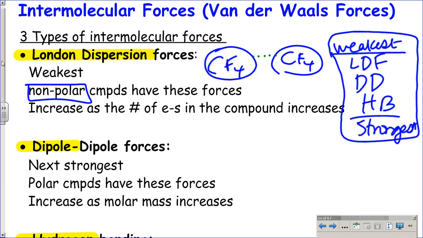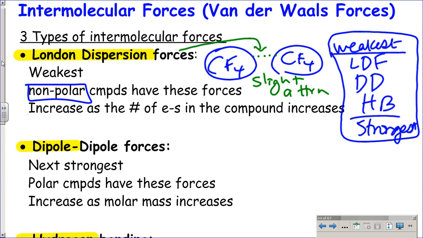That green dotted line that I'm drawing is a London dispersion force. It's a force of attraction. What happens is there are some electrons in this cloud and some electrons in this cloud, and they shift where they are located for just an instantaneous moment, and that causes a slight attraction. That slight attraction is the London dispersion force.